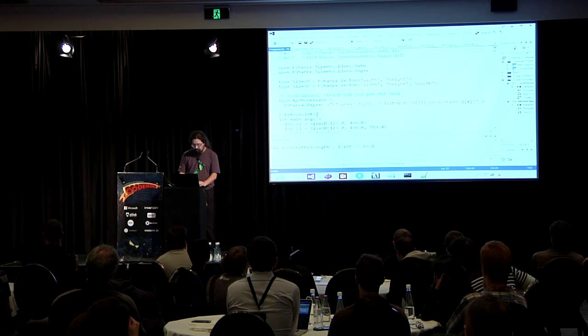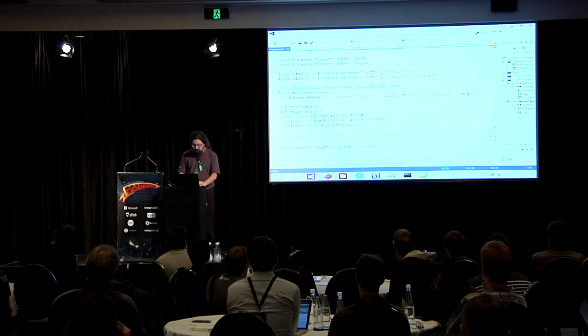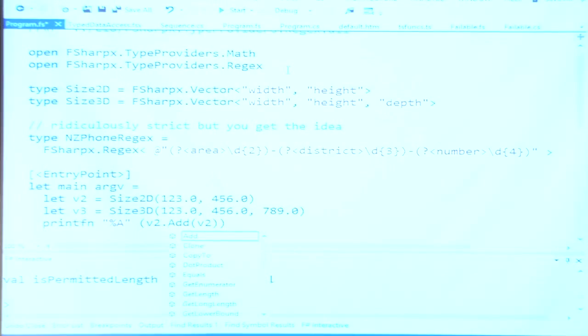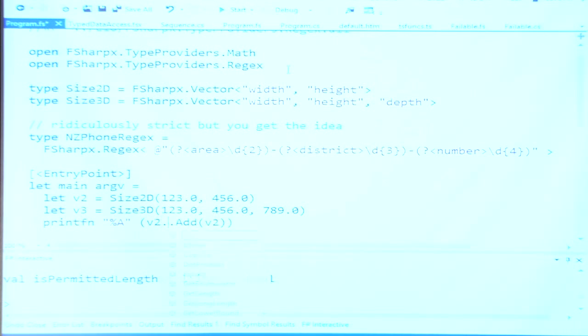They are types. So I can create an instance of a Size2D, and you can see I can get IntelliSense on that. I can call methods on that instance. You can see it's got those properties that I gave names for earlier on. And I've got type safety.